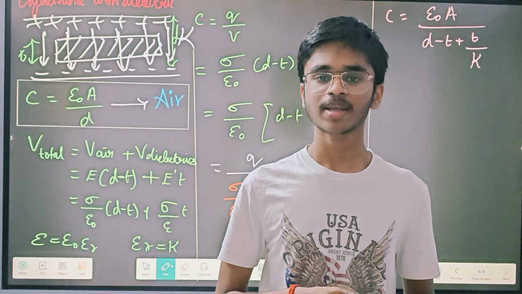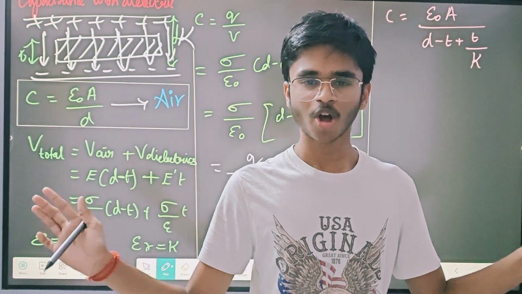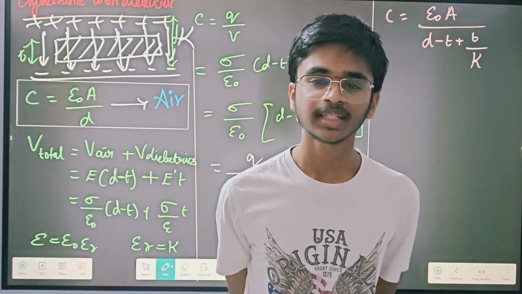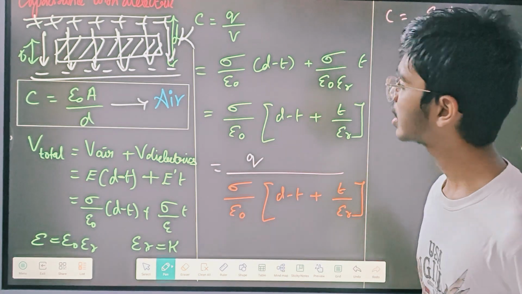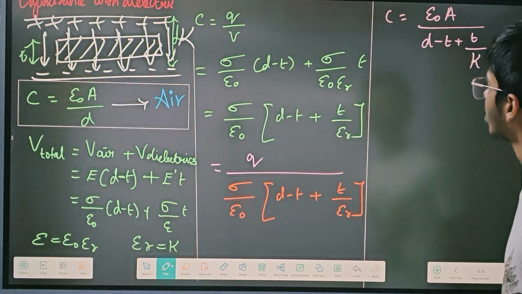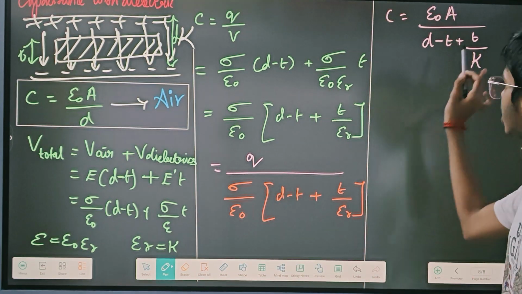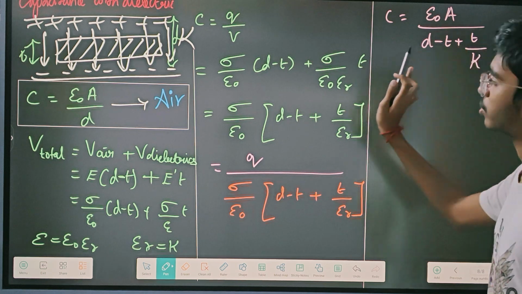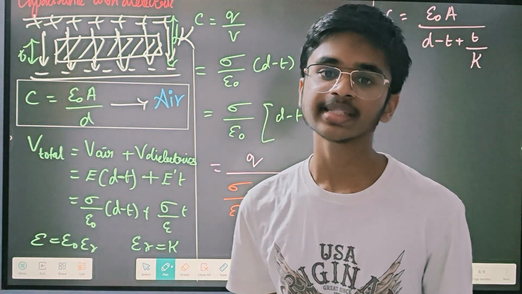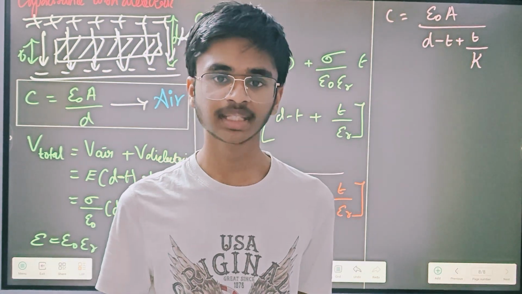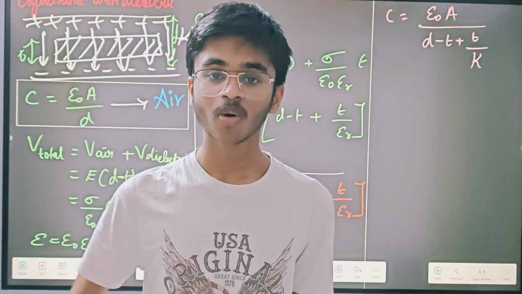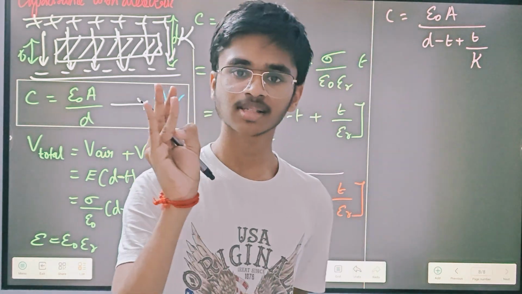The numerator is always common, but the denominator is the thing. So in place of the denominator you have to substitute this value, that is d minus t plus t by k, when both air and dielectric are present.